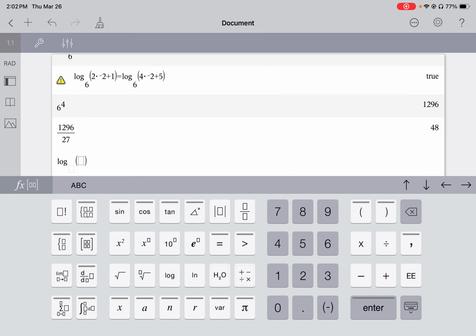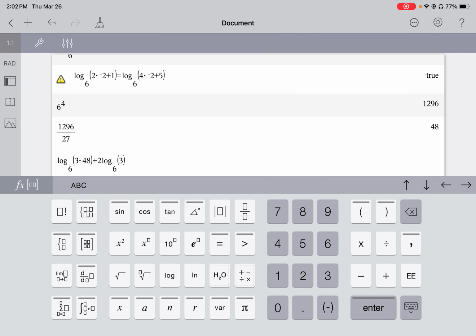So log base 6 of 3 times 48 plus 2 times log base 6 of 3. Okay, and I'm not going to plug in the right side because remember I'm asking you now to plug in the left side and see if it equals the right side, because for some reason the calculator is having some issues and it keeps giving us these triangles and it's leading us astray.